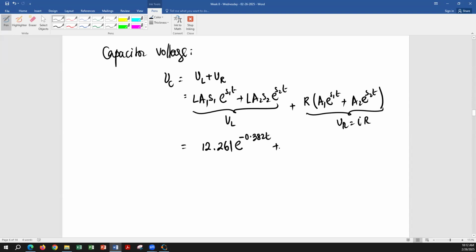And we know that the second term should be negative 0.261 because VC at 0 positive is 12 volts. But just to confirm that, let's calculate it: L times A2 times S2 plus R times A2, and that's negative 0.26.